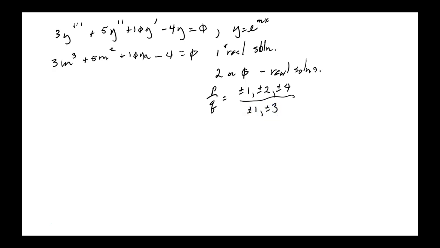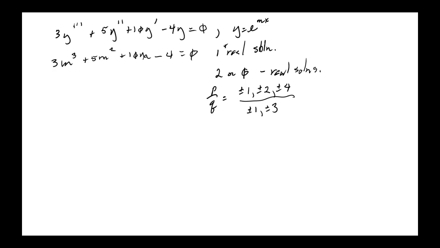That's it. Why is it 1? Because 1 will go into 3. 1 will go into 4. Those are factors of 1, 4, and 3. Now, why don't we do plus or minus 5? Because 5's not a factor of 4 or 3.